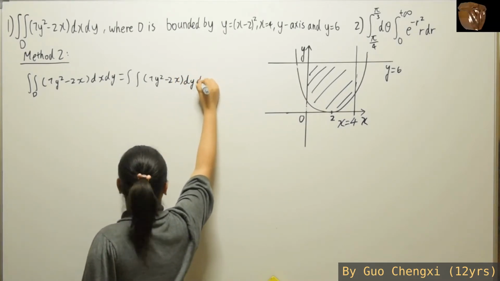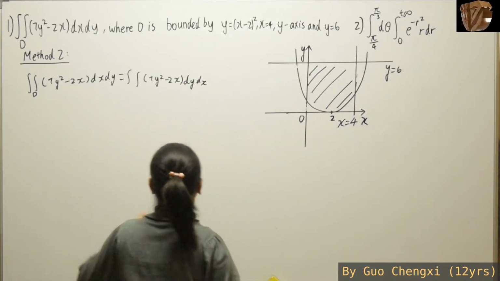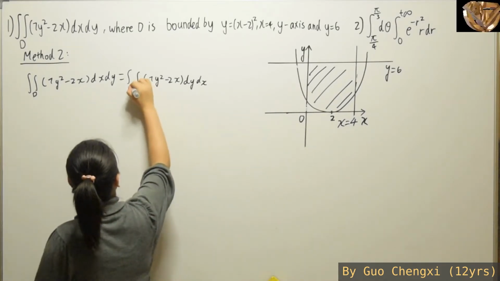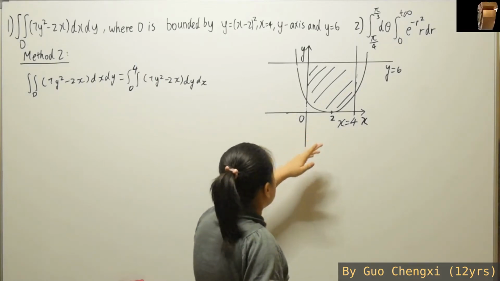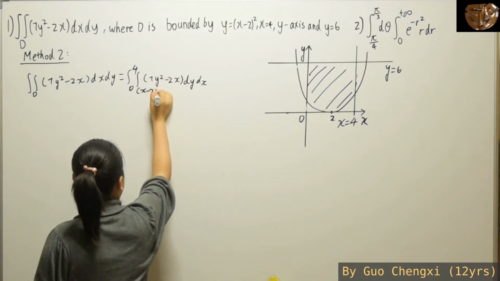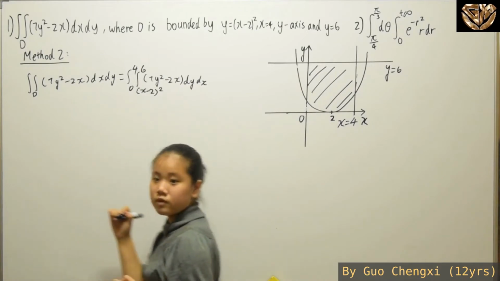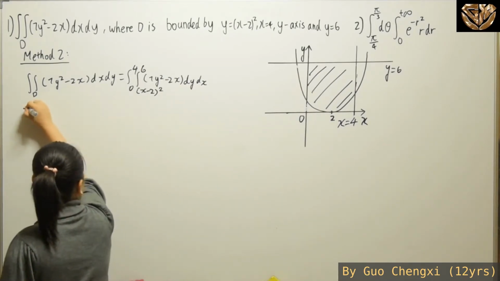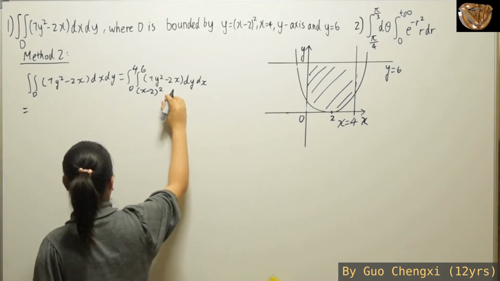And thus, if we are integrating with respect to y first, you can tell that x is from 0 to 4, while y is from (x minus 2) squared to 6. Now that we have gotten this part, we can already integrate for y.